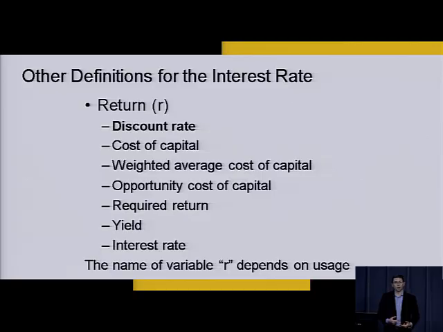When we start talking about how to value a company, we might refer to something called the discount rate or the cost of capital or even the weighted average cost of capital. All of these are fairly synonymous with the return, and we're going to use them in our time value of money formula, but I wanted to provide you a full list just ahead of time so that you've actually seen all of these terms, and you should have some sense that they can be used in that time value of money formula.